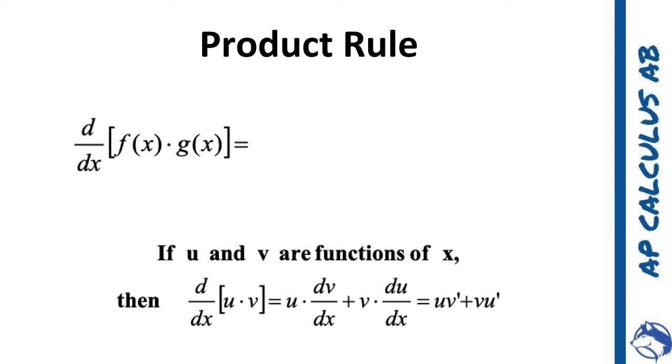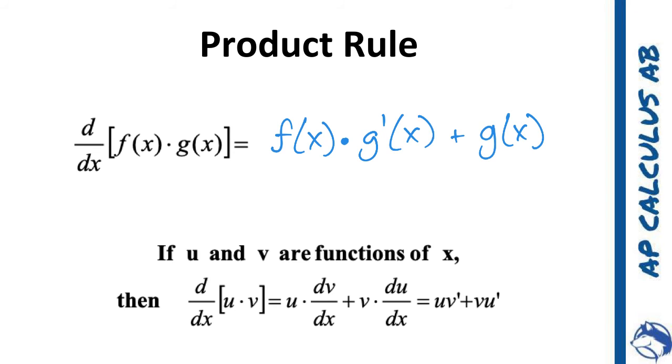The product rule ends up being the first one times the derivative of the second one plus the second one times the derivative of the first one. So each one takes its turn getting the derivative, and that's why we end up with what looks like this.